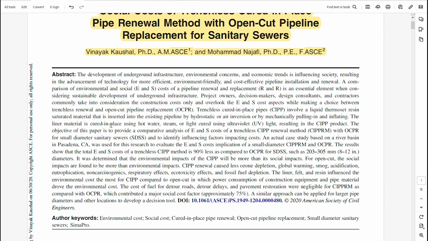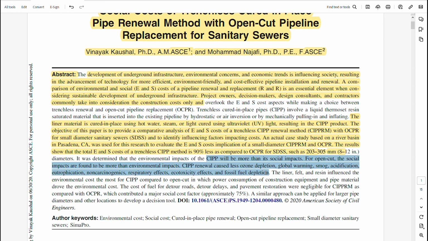Now the summary of a paper is written towards the very beginning, which is called the abstract. An abstract is typically a couple of lines in the beginning, which is the introduction. Then we have the objective of the paper. Then is the method or scope of the paper.